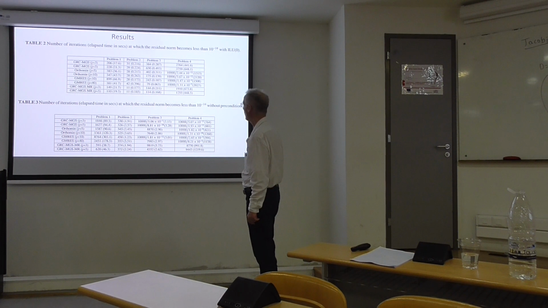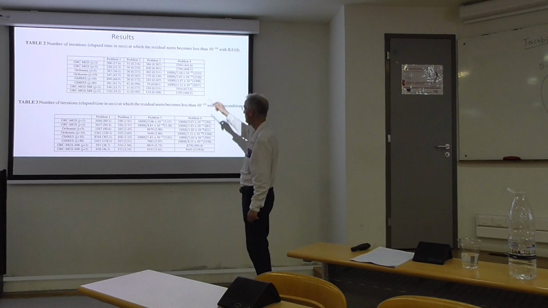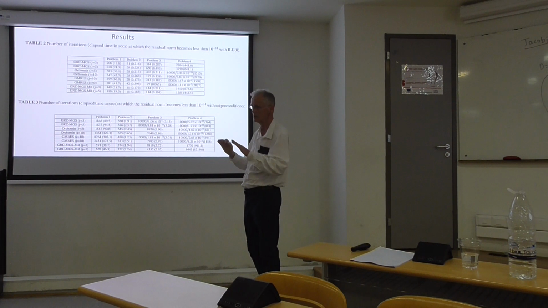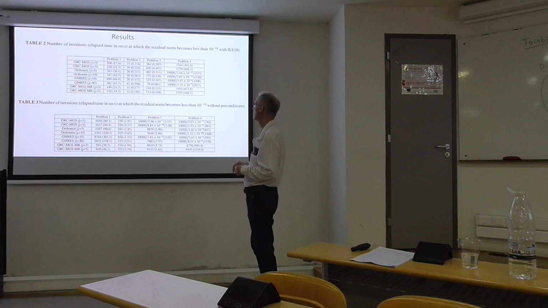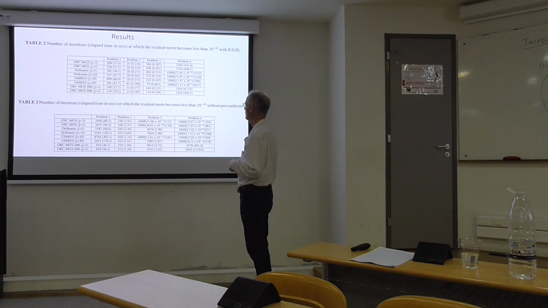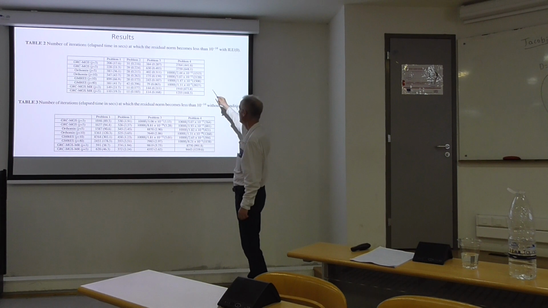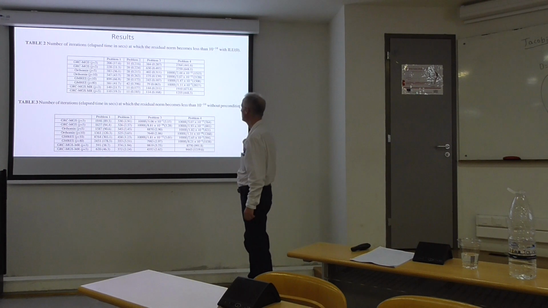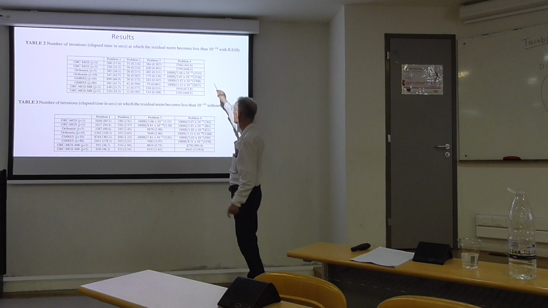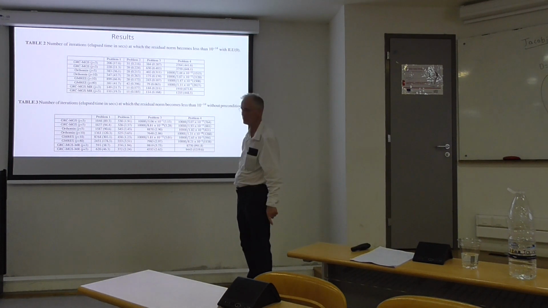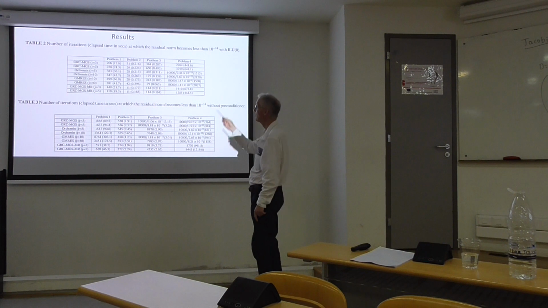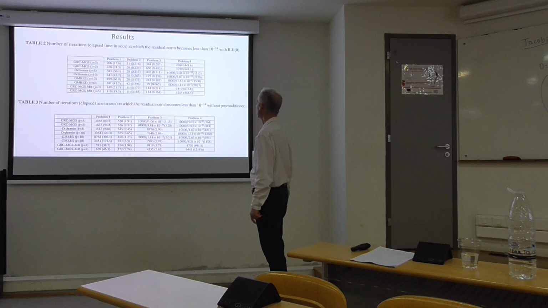Then Orthomin, 10,000 means we reached 10,000 iterations, so it didn't converge to the precision we wanted, but it gave an error of 10 to the minus 11 in the normal residual, and 10 to the minus 12. Inside the parentheses is the time in seconds. And then GMRS likewise.